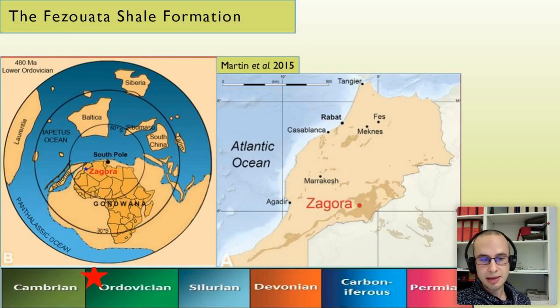All of these sites fall in the early Ordovician, in the Tremadocian. As such, the Fezouata is a key site to study what occurred during two of the most important biological events of the Paleozoic: the Cambrian explosion and the Ordovician radiation.